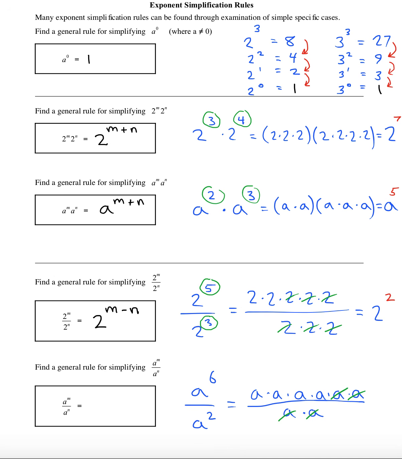Two of the pairs cancel, leaving us with a to the 4. And it appears that once again the rule holds. a to the m over a to the n will be a to the m minus n.